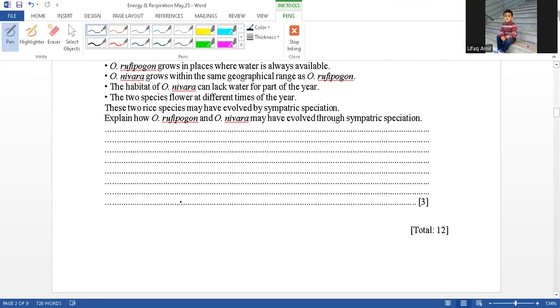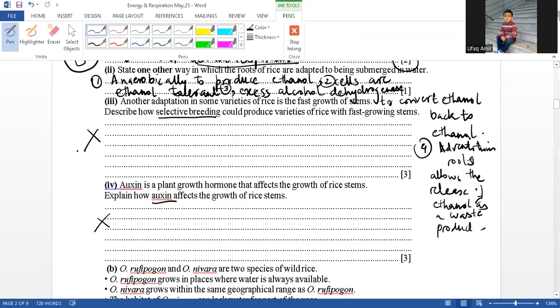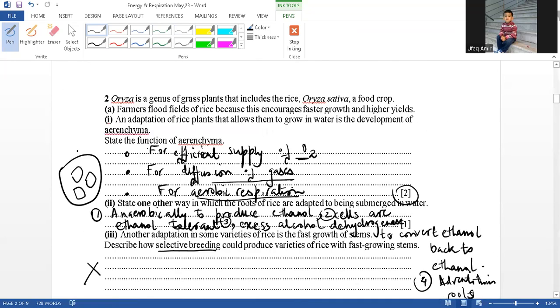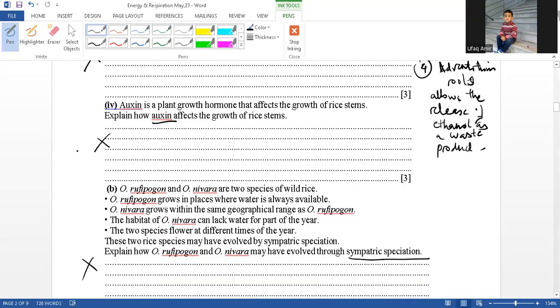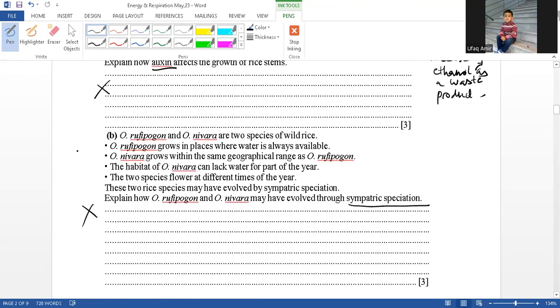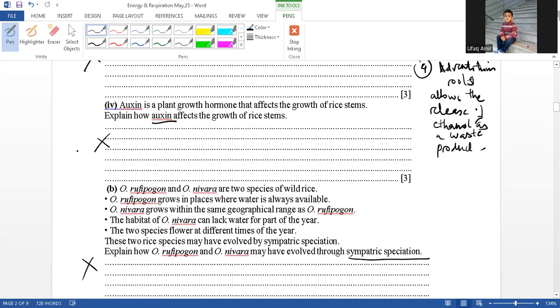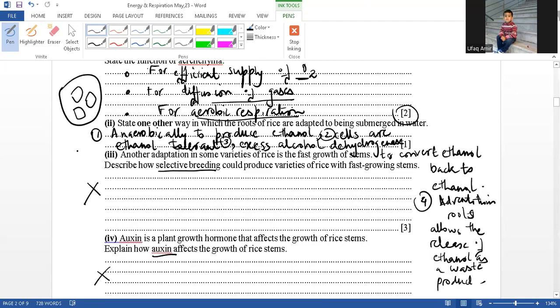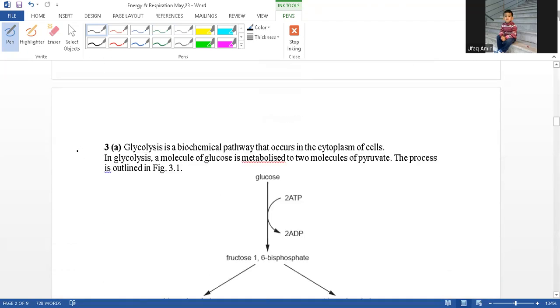And this part, explain how these two species may have evolved through sympatric speciation, is from evolution and ecology and speciation. So this is a question which had the start of respiration but had multiple concepts in other parts. We'll be discussing only the questions related to respiration.